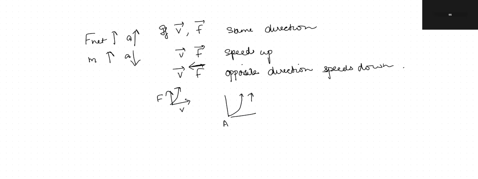But at B point, when they both are in the same direction, then it starts speeding up. So now we can do one more problem to make our concepts more clear.